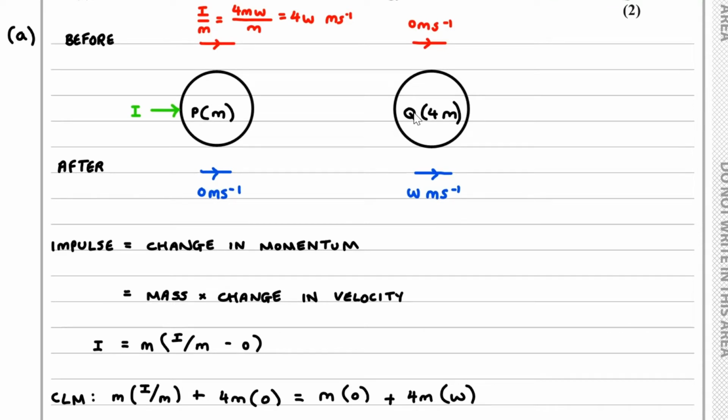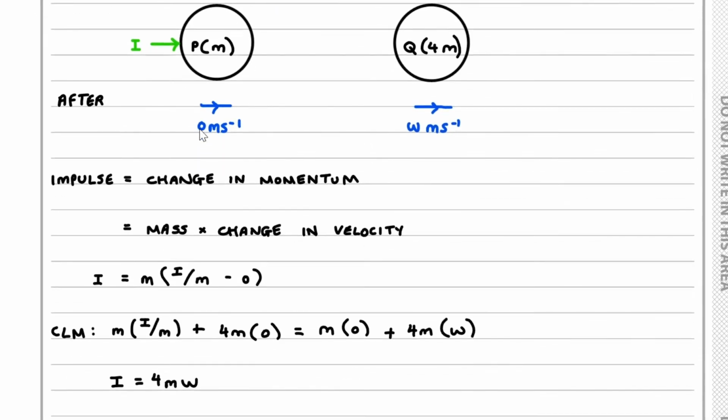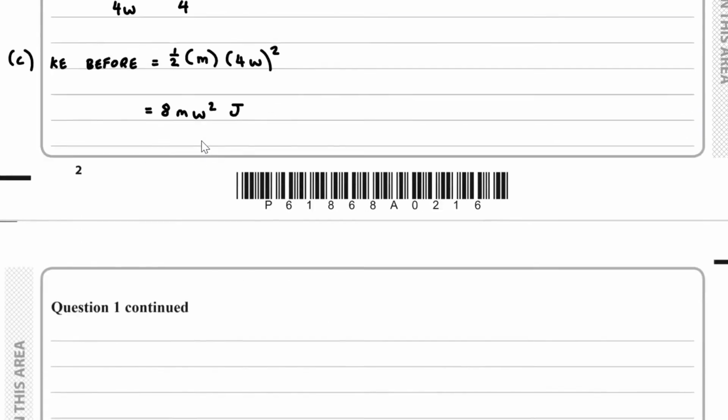Now of course over here the kinetic energy before for Q will be 0, because we've got 0 meters per second here. And we can find the kinetic energy after.